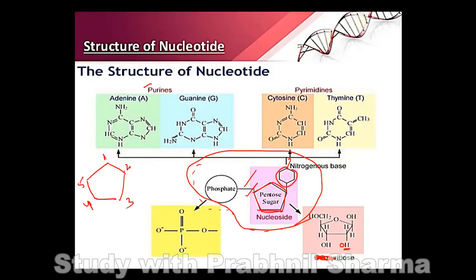On the first carbon, we have a nitrogenous base. This is the nitrogenous base. And on this carbon, there is a phosphate group. This is sugar.